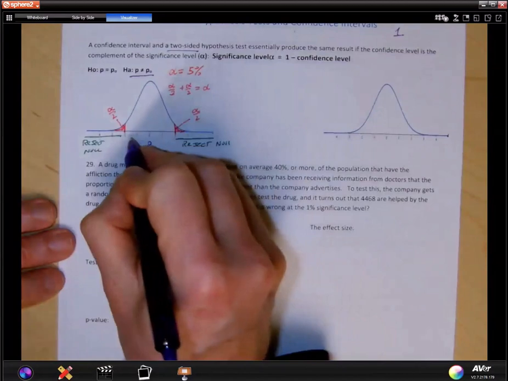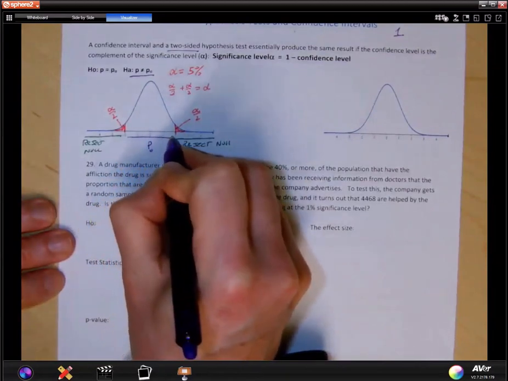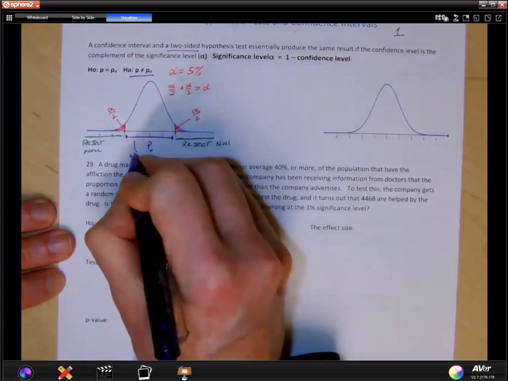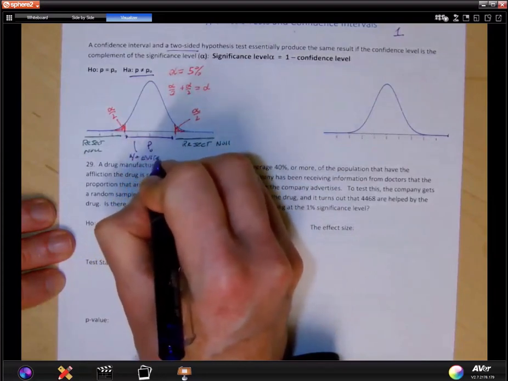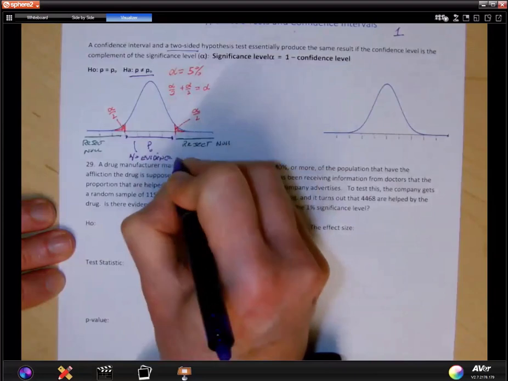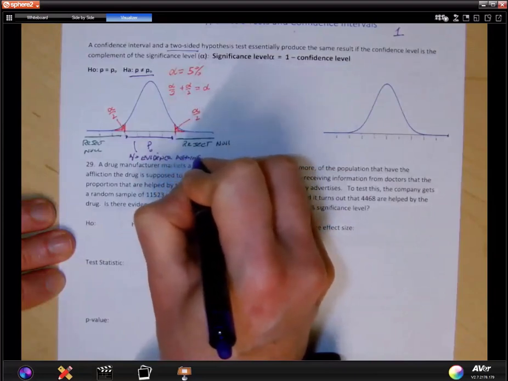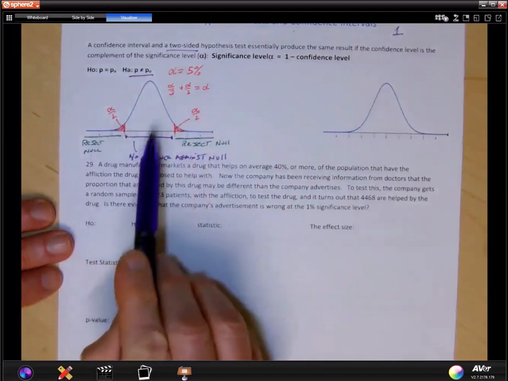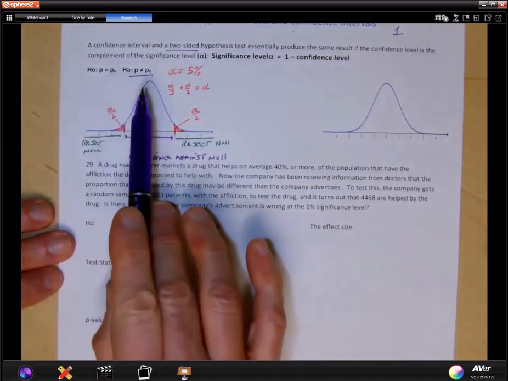What happens if we land between those two? Then there's no evidence against the null. And that's the pictorial view of what happens when we run a hypothesis test.